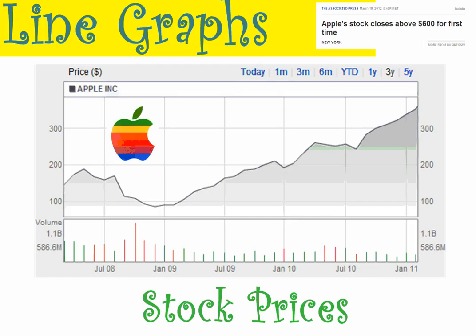Line graphs, here's another example of a line graph, one you typically see. This one is tracking the stock of Apple, and it looks like back in 2008, we started their stock probably around $150 a share. And January, February of 2011, it was around $350.